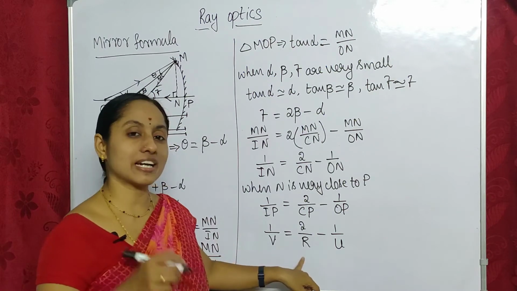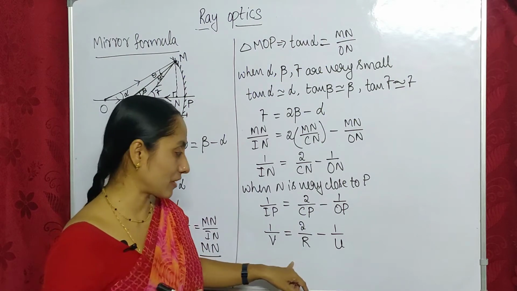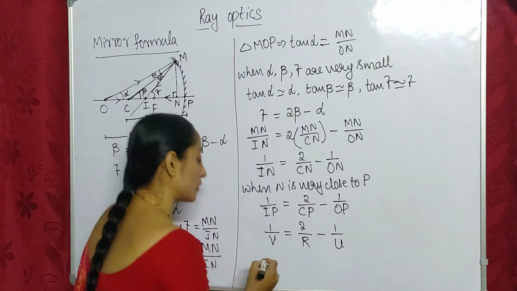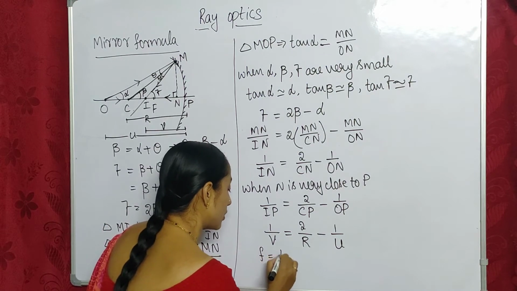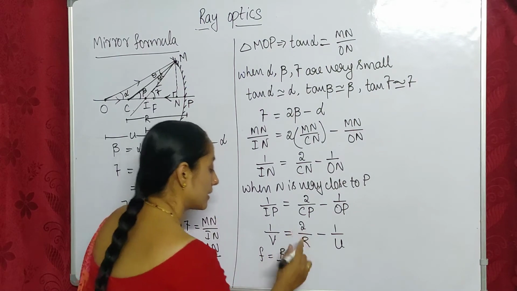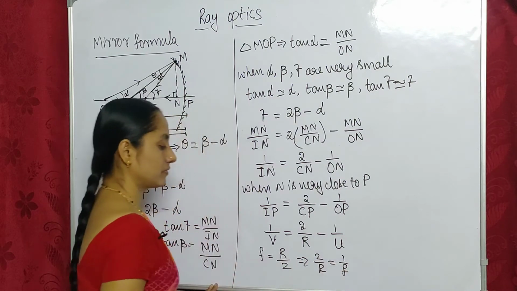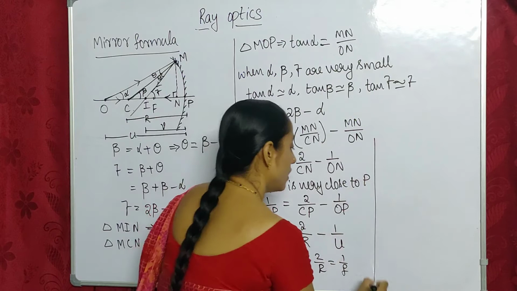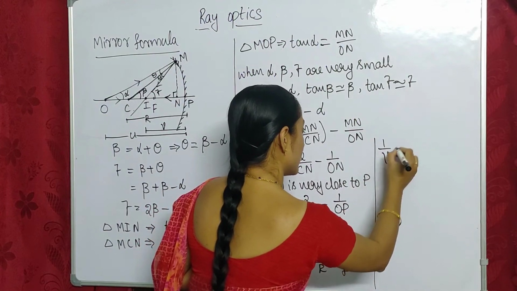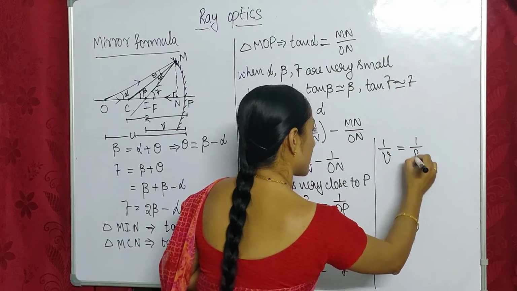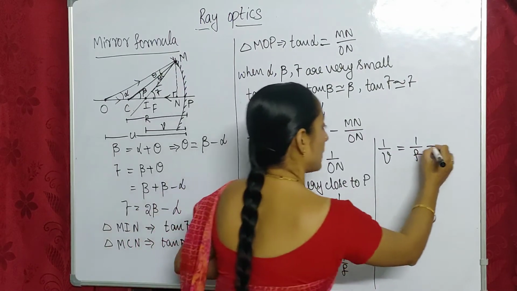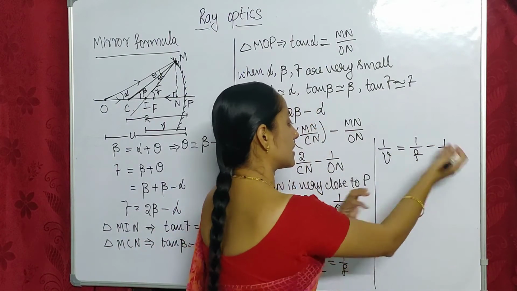And we already know what is R, radius of curvature, and we also know that F is equal to R by 2. Then what is 2 by R? 2 by R is equal to 1 by F. Yes, substitute here. So we have almost reached the definition: 1 by F minus 1 by U. Now just rearrange.